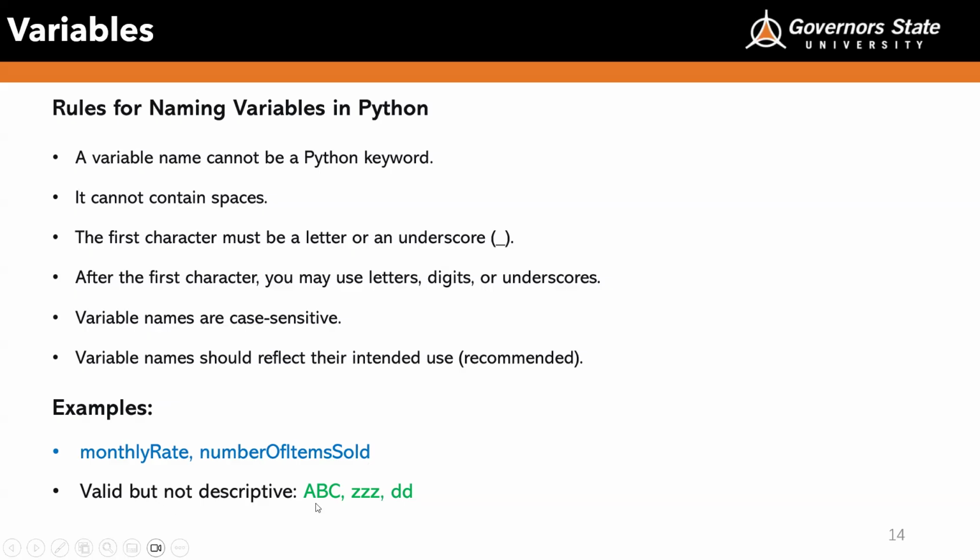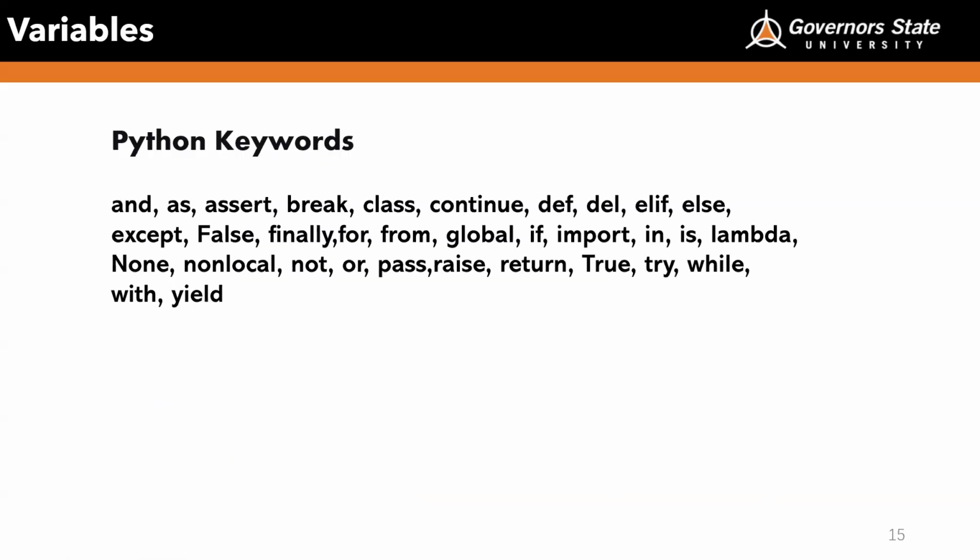You can still use ABC or ZZZ or DD, and that is okay, but it might be really confusing if you are writing a really large project, because you have no idea what these variables store or what they are for.